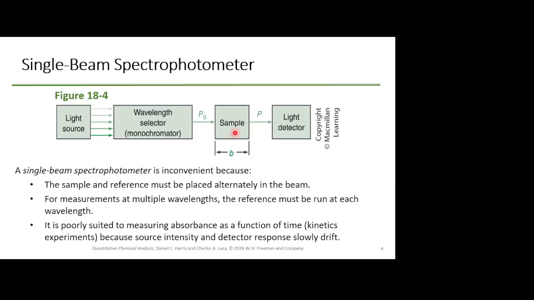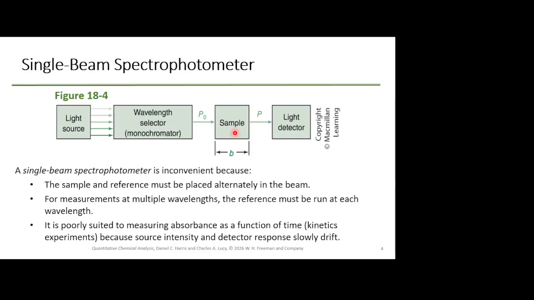If you take measurements at multiple wavelengths, those references will have to be run at each of those wavelengths, and so you'll have to run the entire thing with the reference, and then you'll have to run the entire thing with the sample. Okay? And so it can take quite a bit of time. It's poorly suited to measuring absorbance as a function of time in like a kinetics experiment because your source intensity and detector will slowly drift apart.